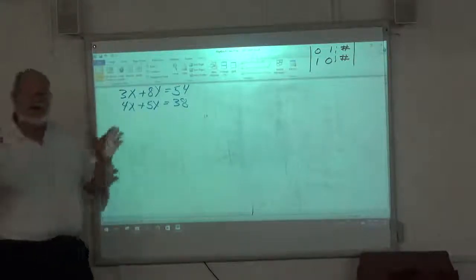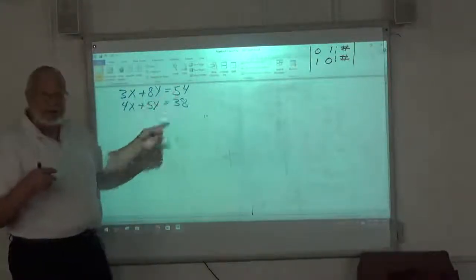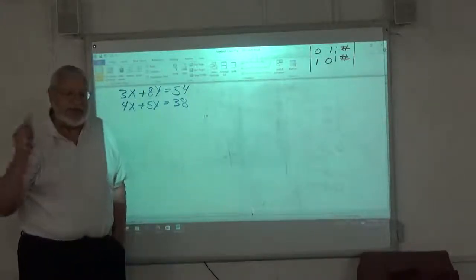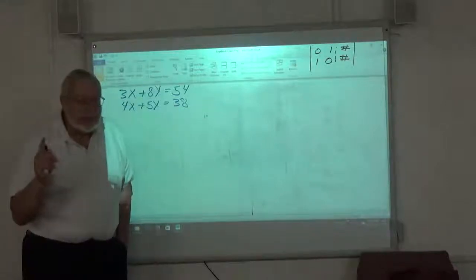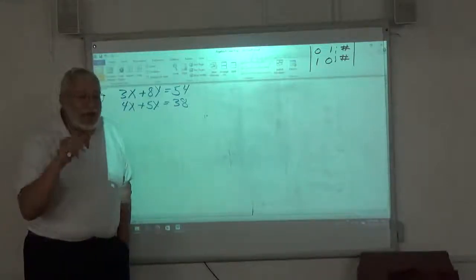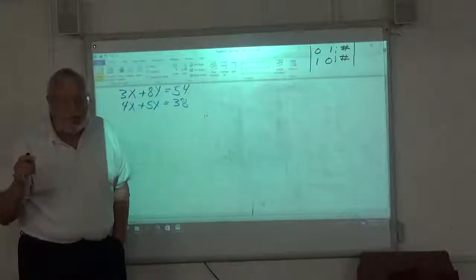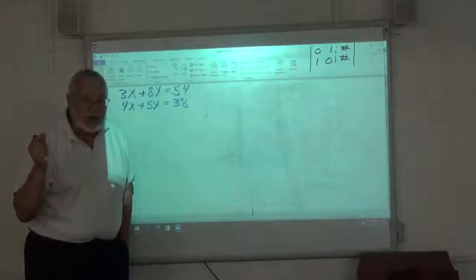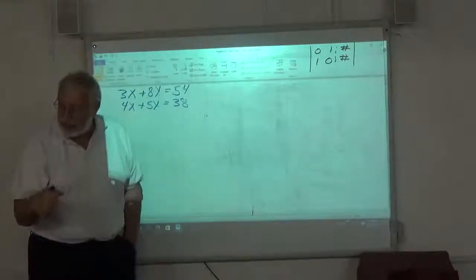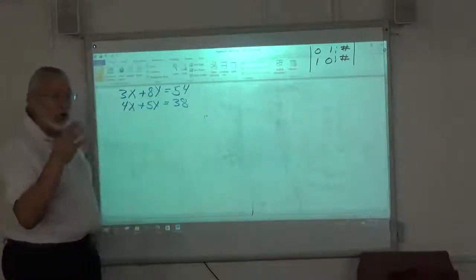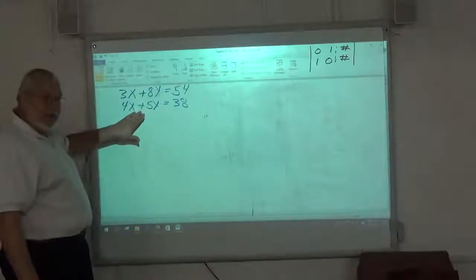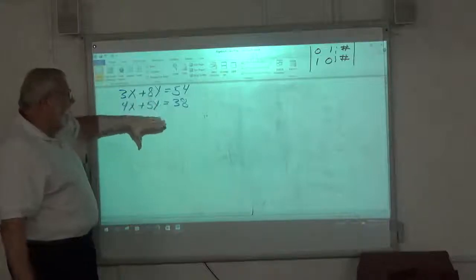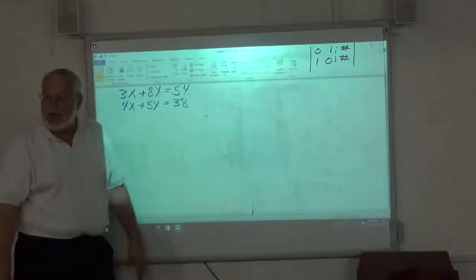Anytime you have equations, the properties of equality say if you add the same number to both sides, if you subtract equals from both sides, if you multiply both sides by the same number, or if you divide both sides by the same number, you still have an equality. So all we're saying is that this number and this number are equal, and if I add equals to equal, I still have an equation.